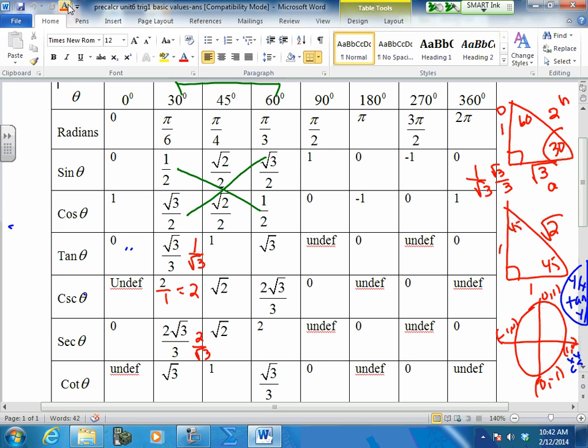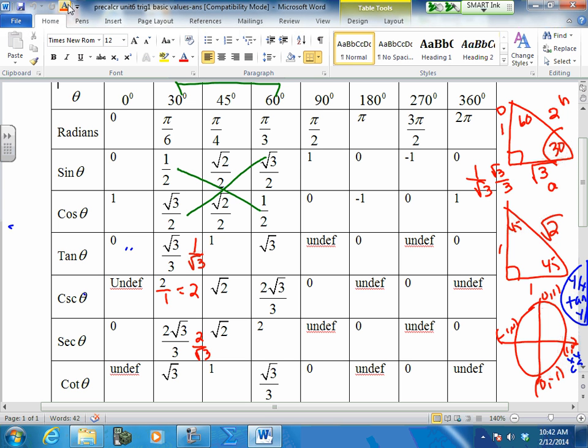They're co-functions. Co-functions, they add up to 90. They're complementary angles. In a right triangle, all the degrees add up to 180. You have a right angle, so that's 90 of it. So the other two angles add up to 90. So complementary angles, their co-functions are the same here.